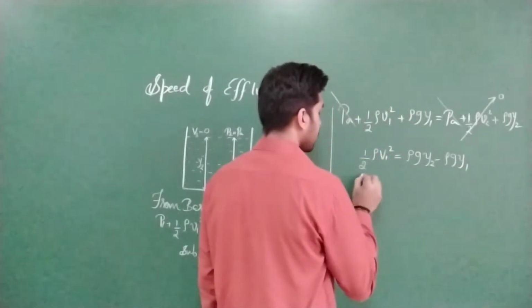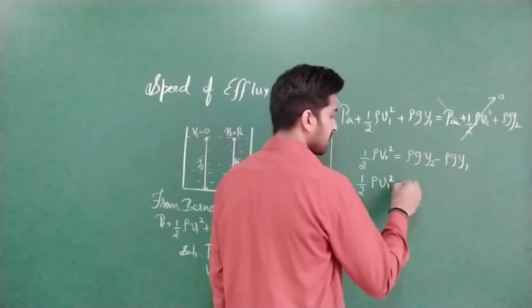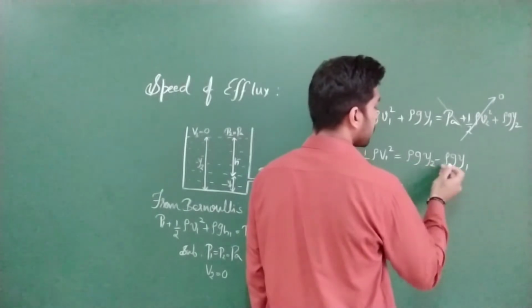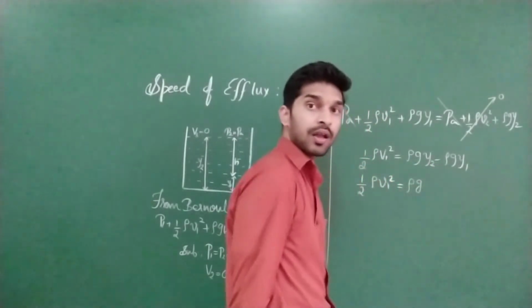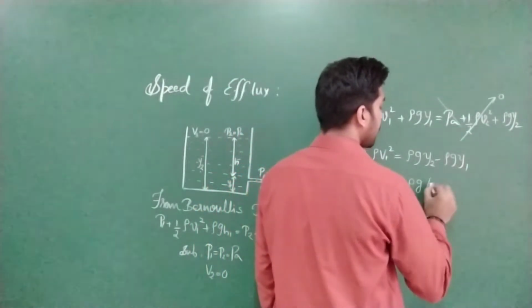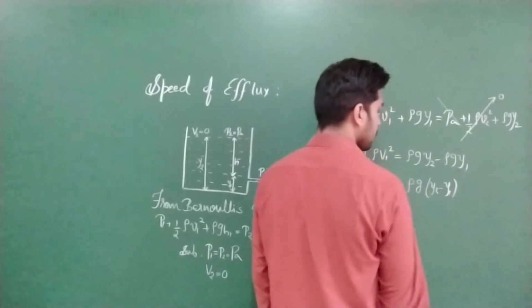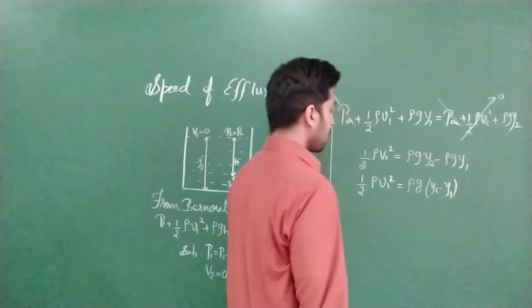So here I can write half rho V1 square is equal to, taking rho g common, rho g into y2 minus y1.